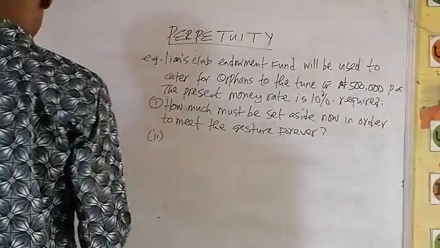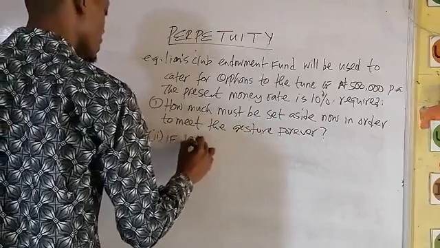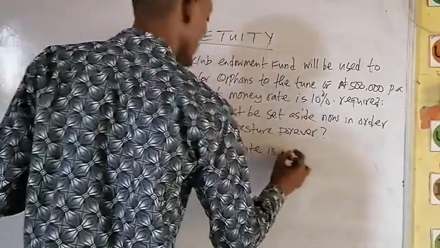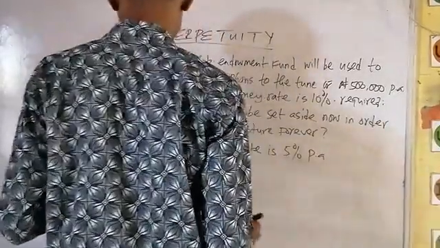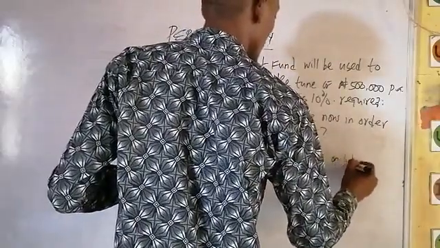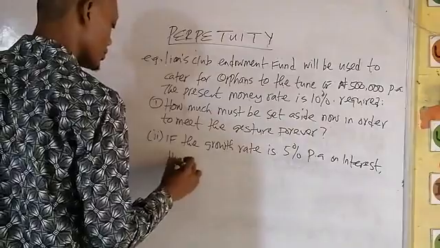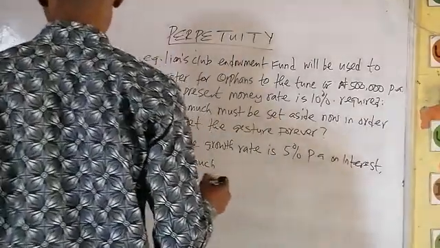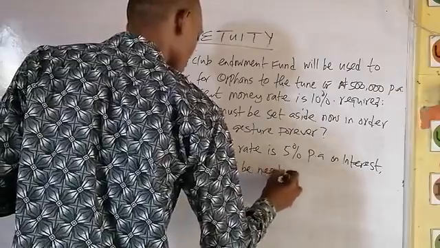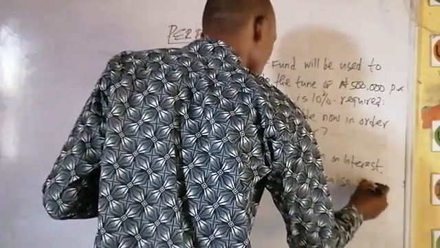Two, if the growth rate is 5% per annum on interest, how much will be needed to realize the goal.